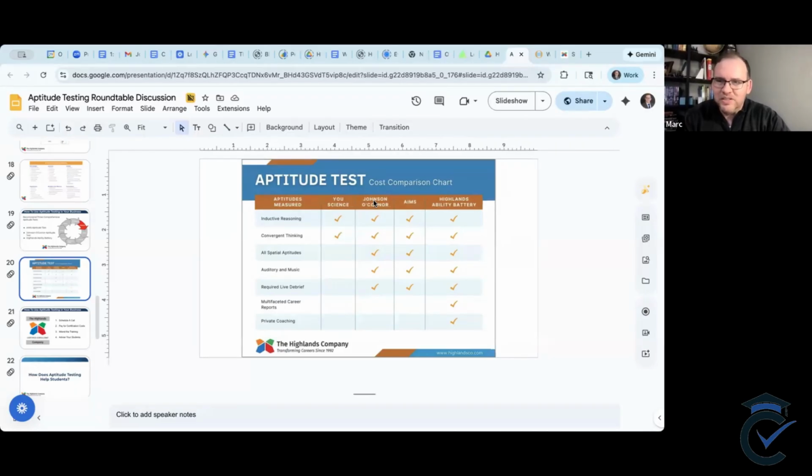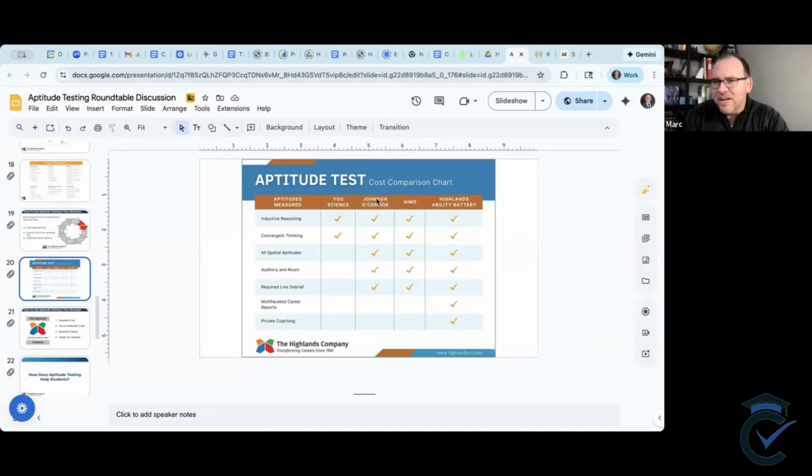Every single legitimate aptitude test came from Johnson O'Connor. Before there were really IP laws back in the day, a couple of technicians or scientists from the Johnson O'Connor just kind of went their own direction and basically replicated the technology and started doing it in other places. Ames was one of those places. So the technology is very, very similar.